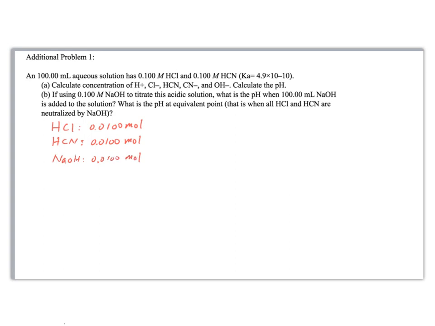As we just discussed, the strong base will react with the strong acid first. The reaction is HCl (aq) reacts with sodium hydroxide (aq) to produce sodium chloride and water.